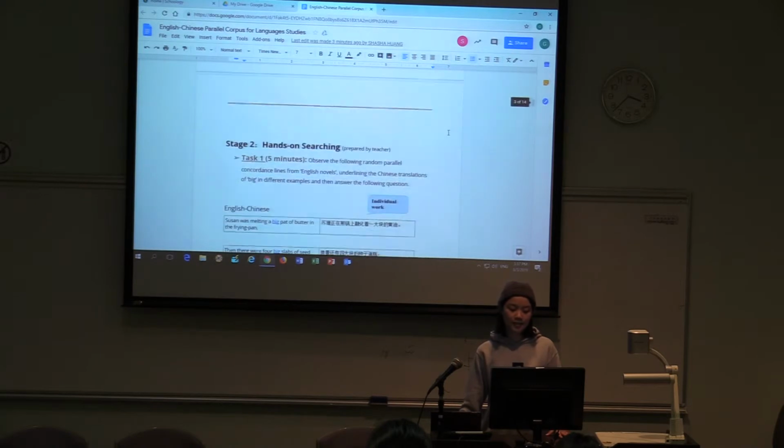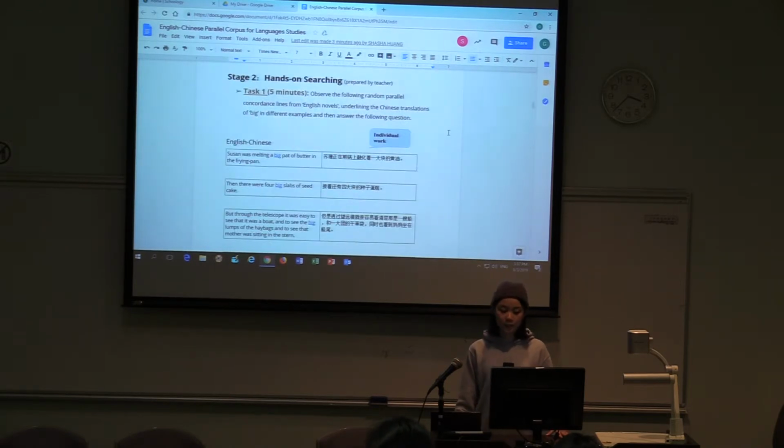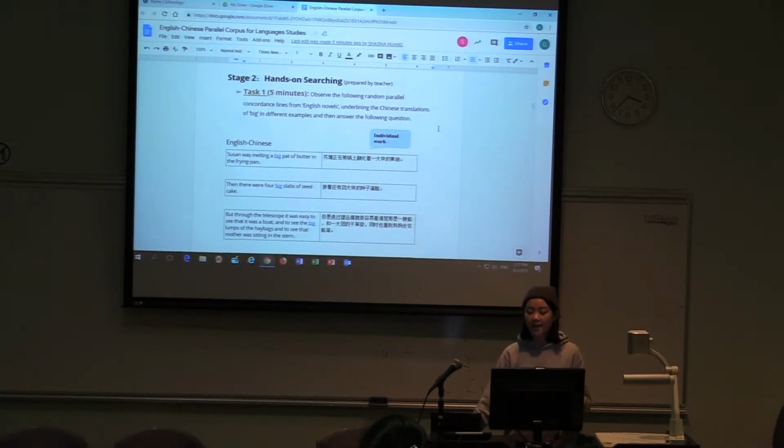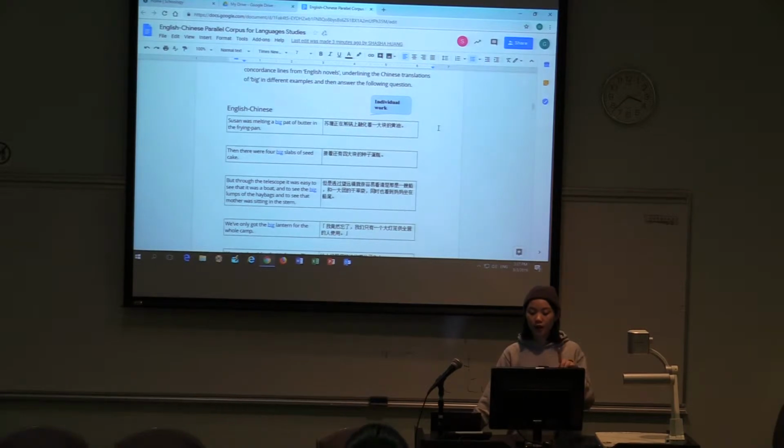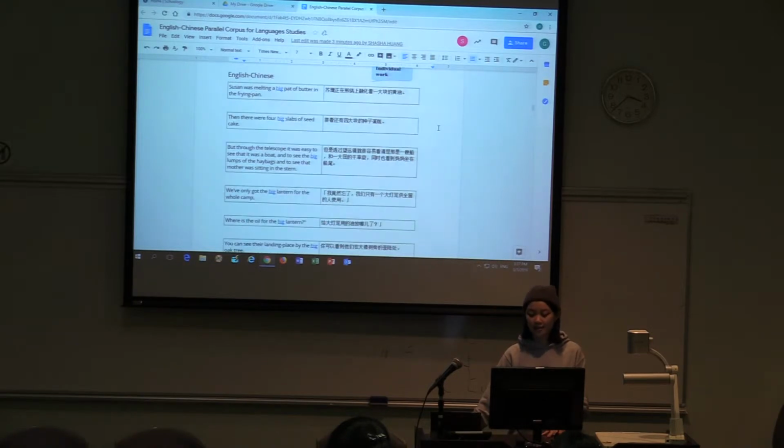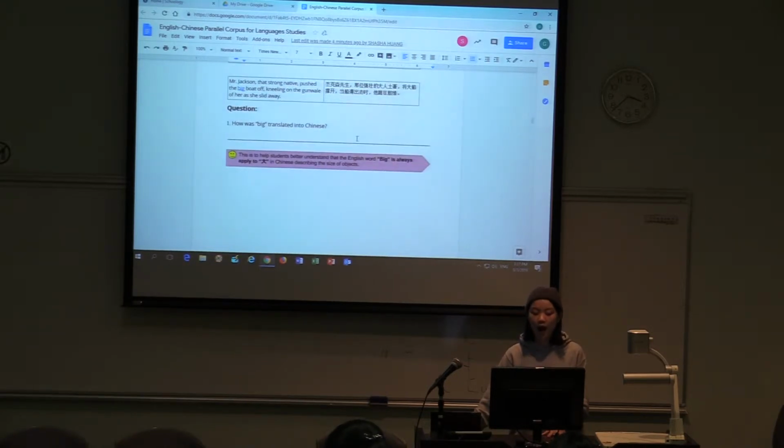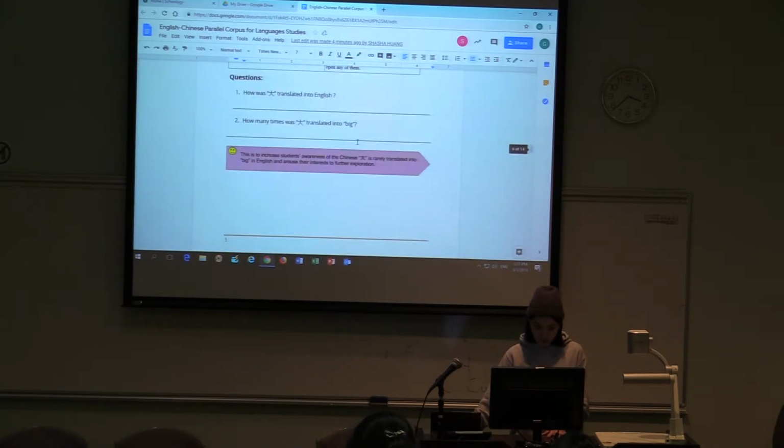And the next part is the hands-on searching. After the brainstorming, the teacher will prepare some concordances for the students, and there are 2 tasks here. The first one is the English to Chinese part. Here, students should observe both English to Chinese and Chinese to English concordances individually, and after observation, they should answer some very simple questions like how was "big" translated into Chinese, and also how was "da" translated into English.